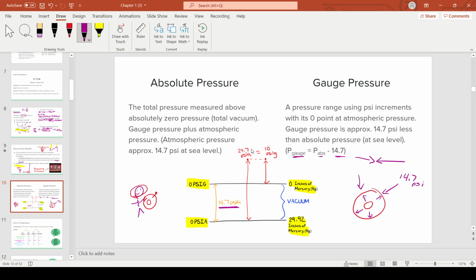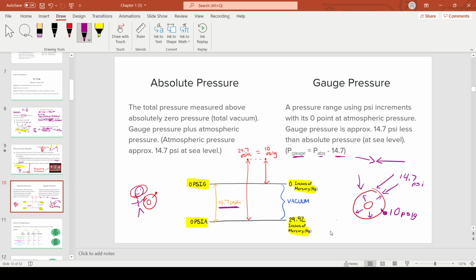So if you have 10 psig, okay, so you have this tire, it's a real flat tire, and you are on Earth and you stick a pressure gauge in it, and that gauge reads 10 psig, or 10 psi. It'll just say 10 psi, but know that it's 10 psig. That means that your gauge pressure is going to be 10 psig, but that is after you've already accounted for the air pressing in, 14.7.